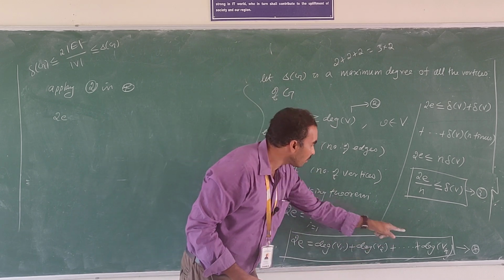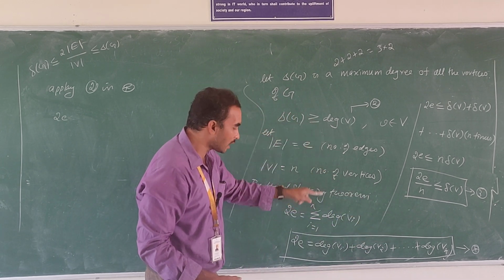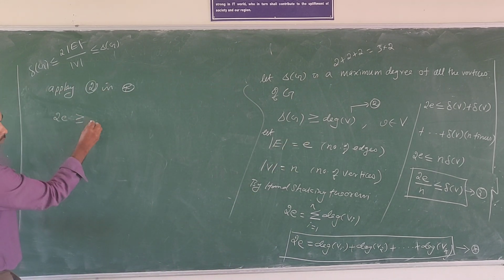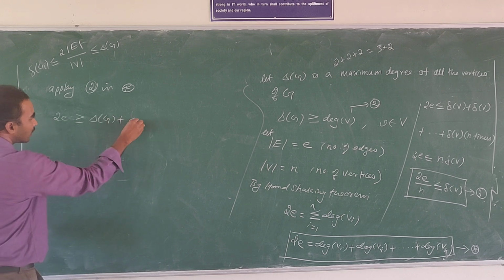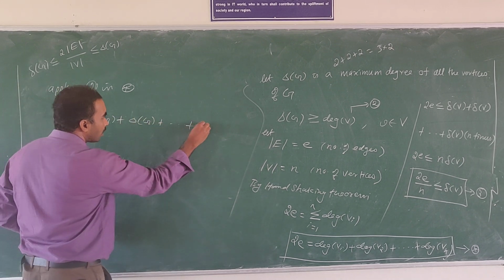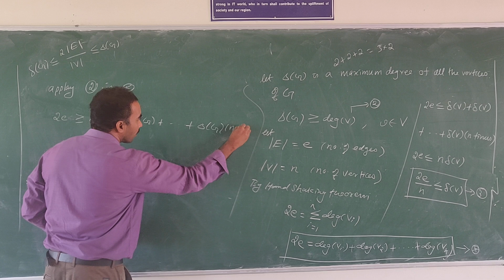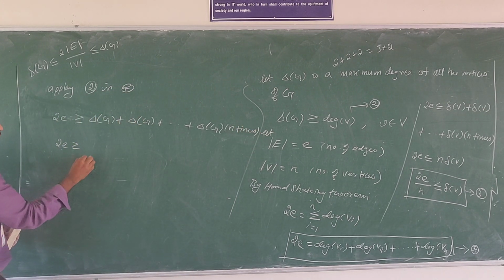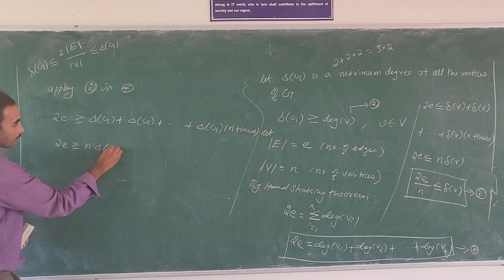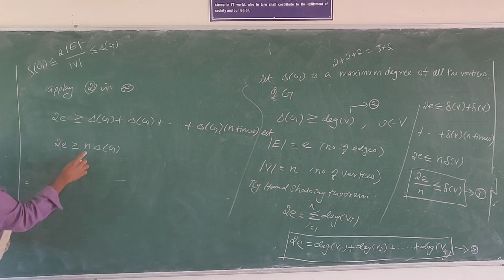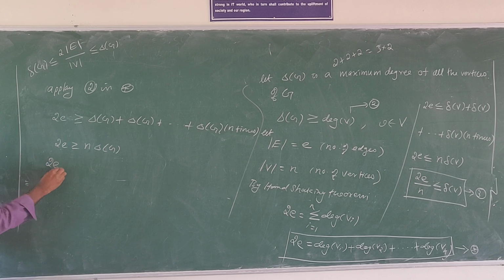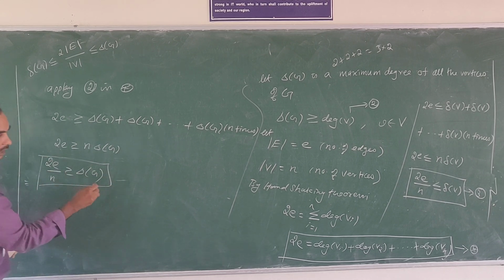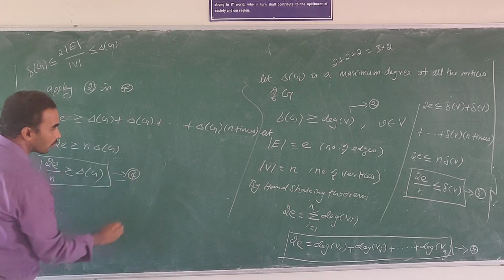In each and every term we have to use δG, so this symbol will change to greater than or equal to. So 2E is greater than or equal to δG plus, etc., δG up to n times. So 2E is greater than or equal to n times δG. Bring n to the denominator: 2E divided by n is greater than or equal to δG. Take it as 4.